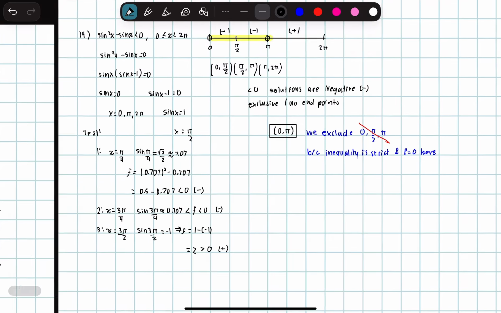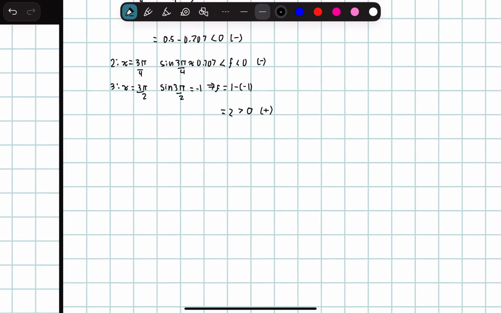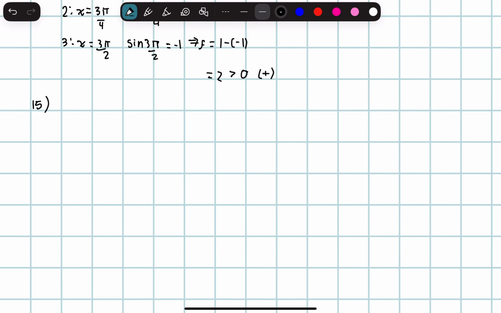Okay, now let's do another question. That was 14, so let's do 15. Let's say we have cosine squared of x minus 1 over 4 is greater than 0, on the interval 0 less than or equal to x less than 2 pi. So everything's already on one side. Great.